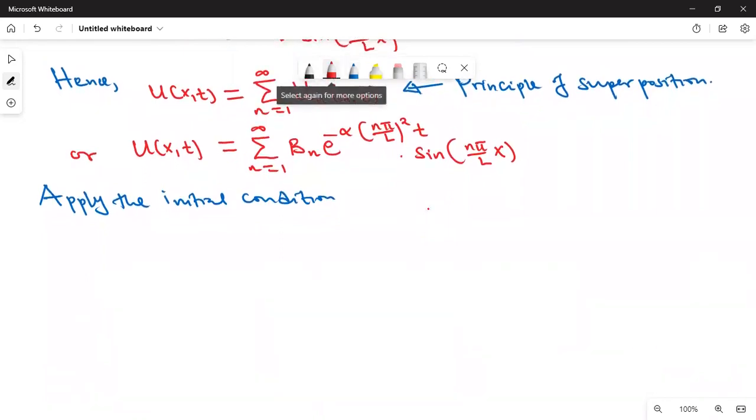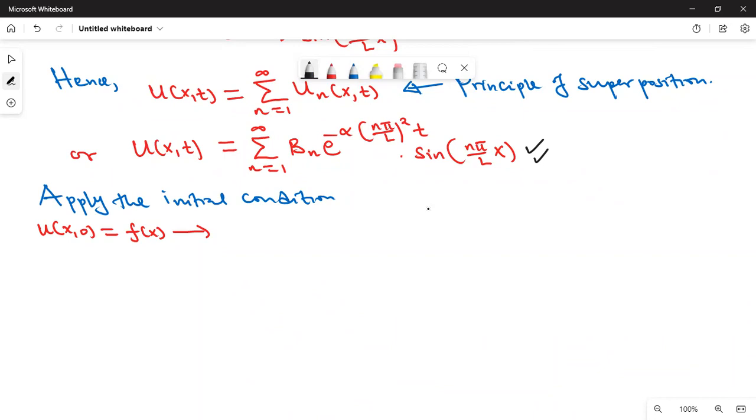So we are told u of x,0 equals f of x. That means in this equation, this one that I have ticked, you need to substitute t equals 0 so that your solution u should be equal to f of x.